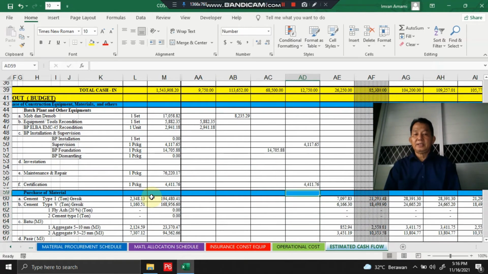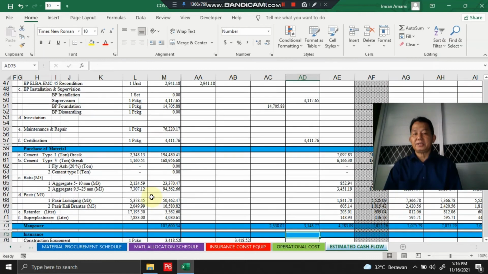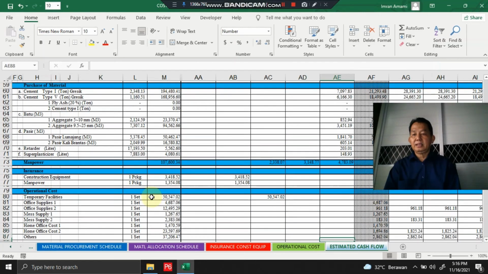And this is the certification, which we put 2 months before the first month of concrete supply. And this is purchase material, which we put 1 month earlier, before the first month of concrete supply.